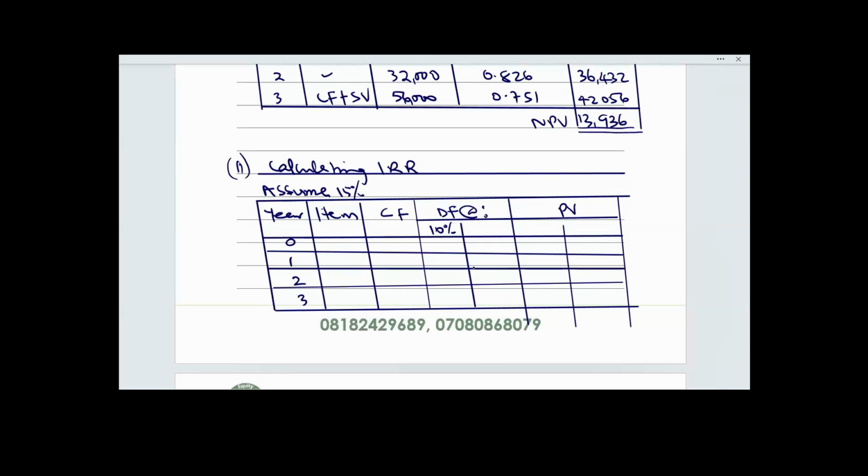So cash flow. This is the initial outlay. In year 0, the initial outlay is 200,000 for the projects. We're starting from project A. So here is 200,000.